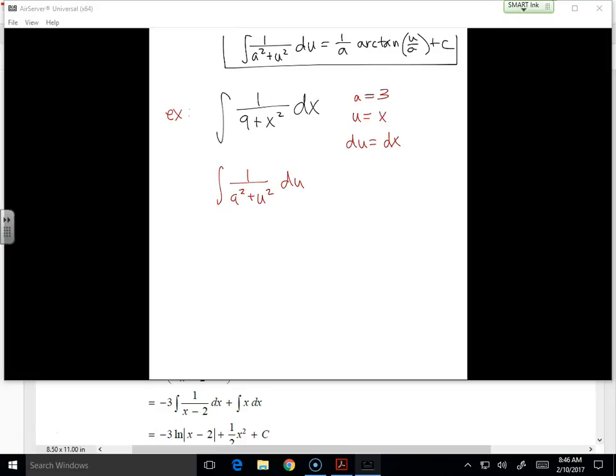Doesn't that fit in perfectly? It matches perfectly, so this lets us go straight to the conclusion: the answer is 1 over a, which is 1 over 3, arctan of u over a, x over 3, plus c.